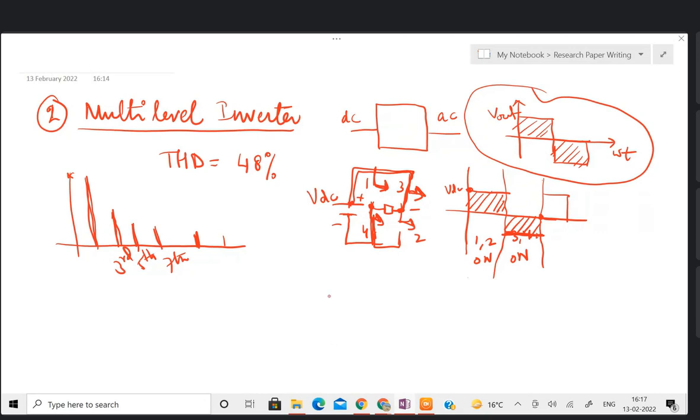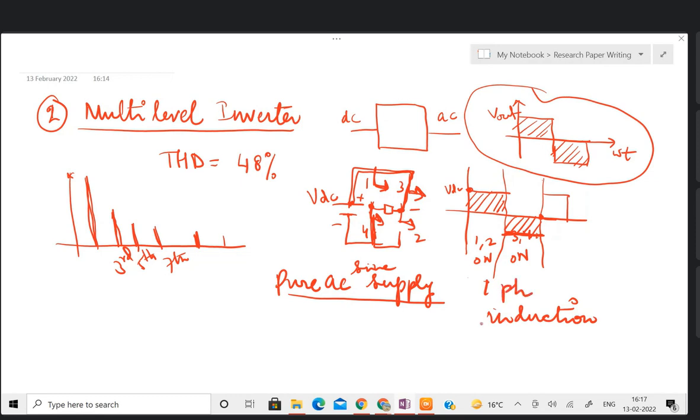The problem is most of your equipment or loads require pure AC sine wave supply to work effectively. Say for example, the load is a single phase induction motor.